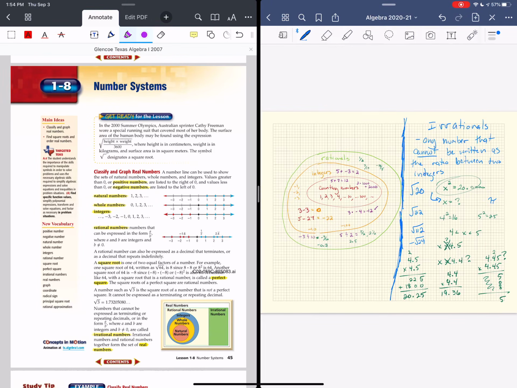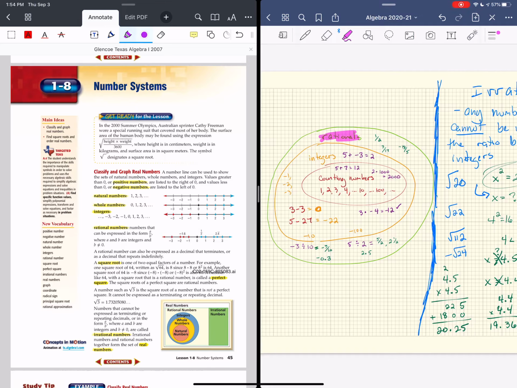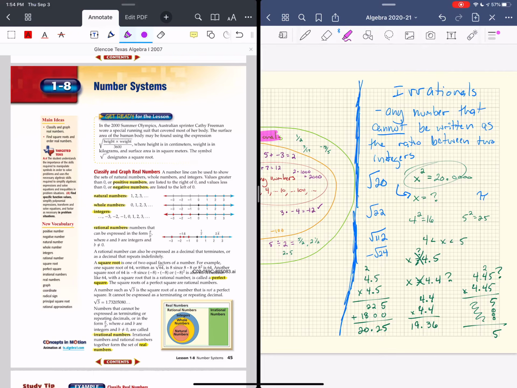So that's one thing I did not mention about the rationals. The rationals, anytime we write them as a decimal, are always going to either end or eventually they will repeat. The irrationals don't work that way. 0.00100100001000001.